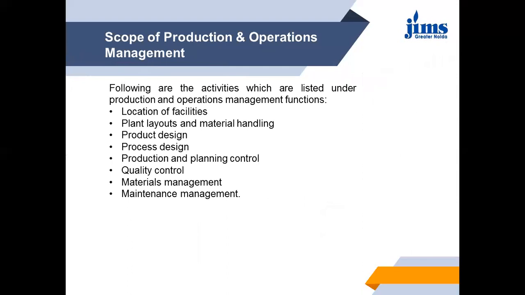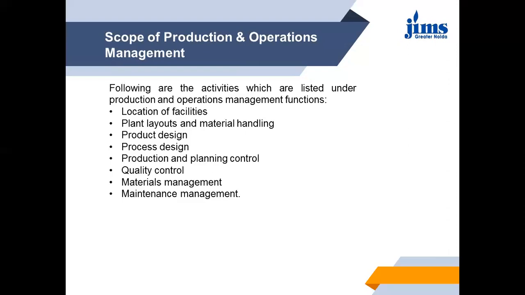Then plant layout and material handling. Inside the plant, how will the machines be arranged? How will the machines be organized? And how will the plant look like? This decision is also very important for effective and efficient functions of production and operations department.